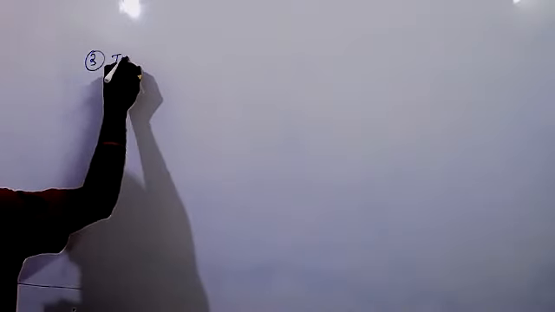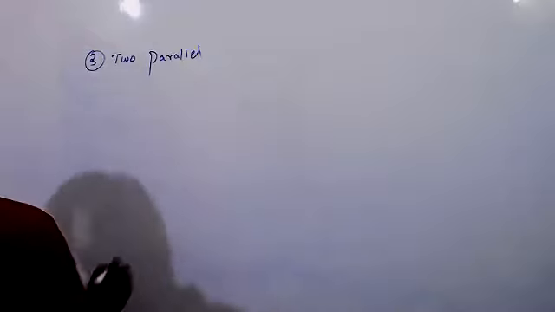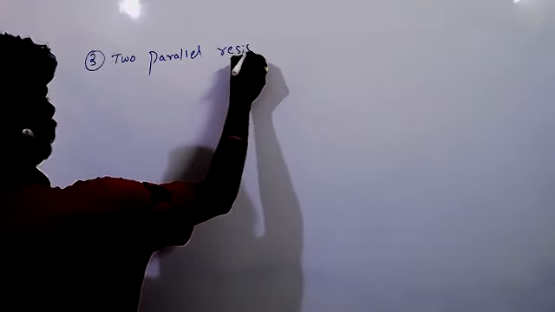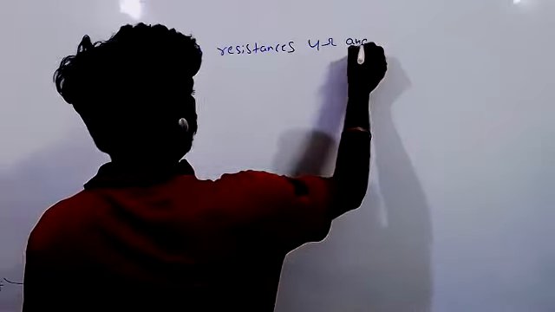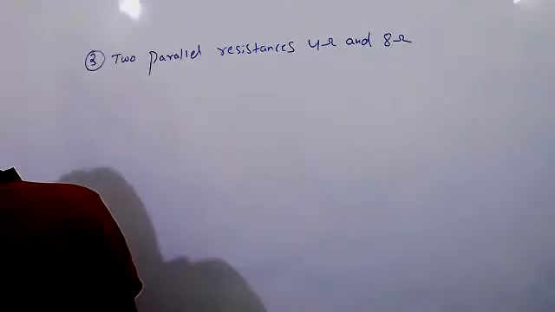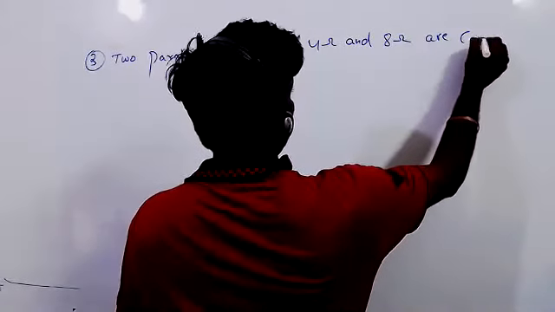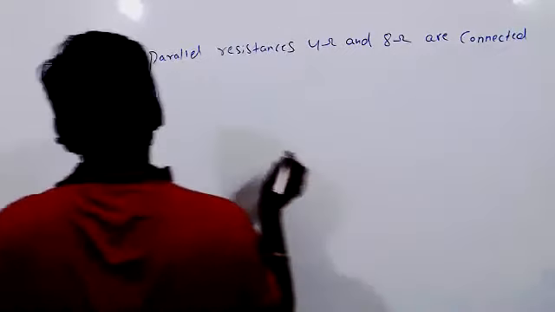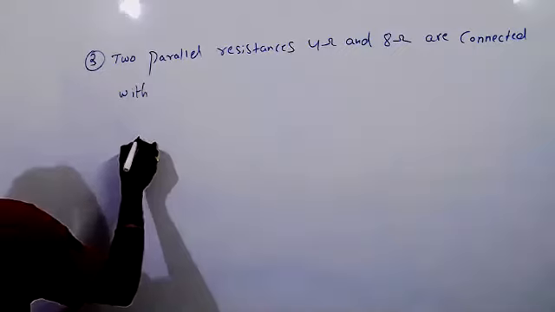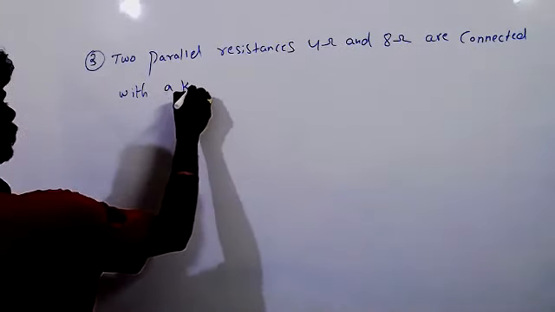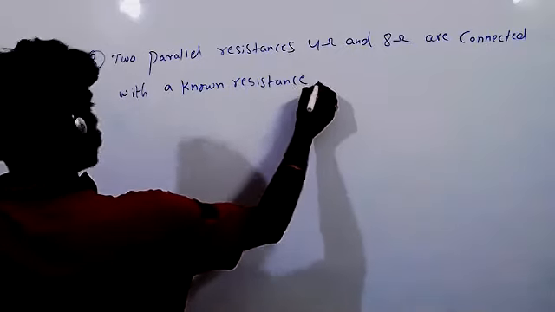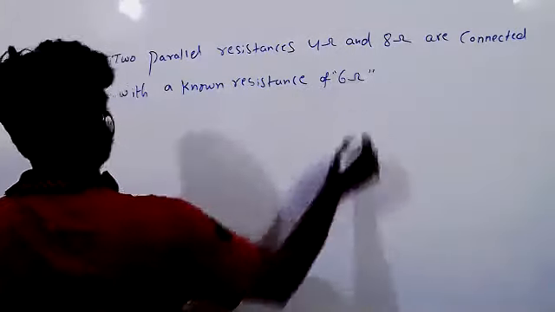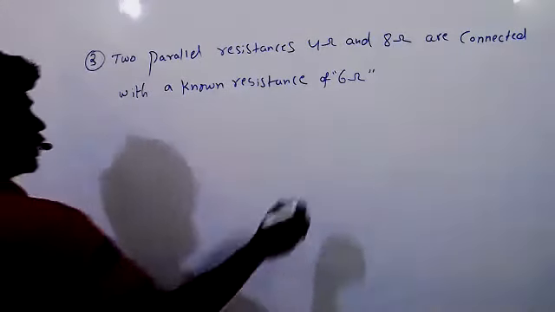Two parallel resistances, 4 ohms and 8 ohms, are connected with a known resistance of 6 ohms as shown in the figure.